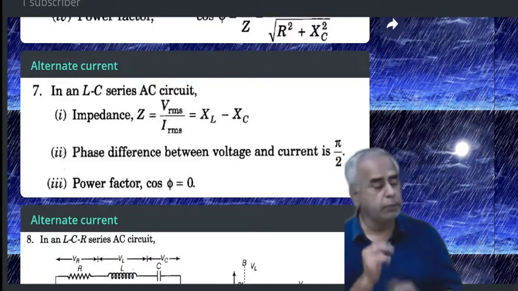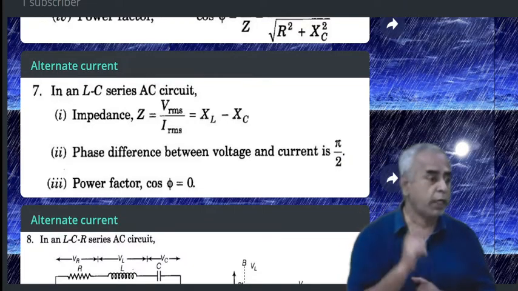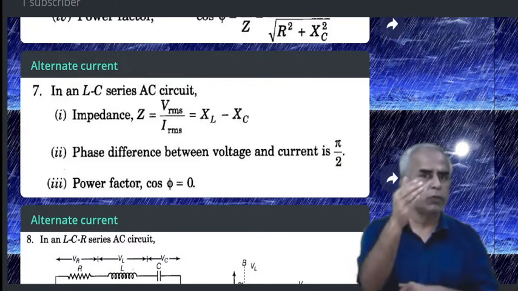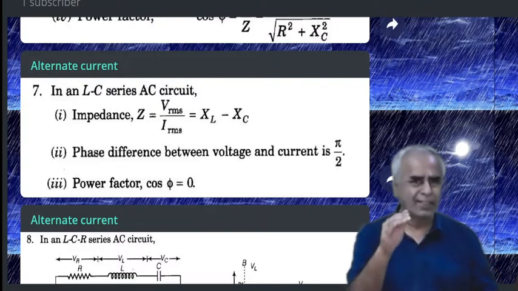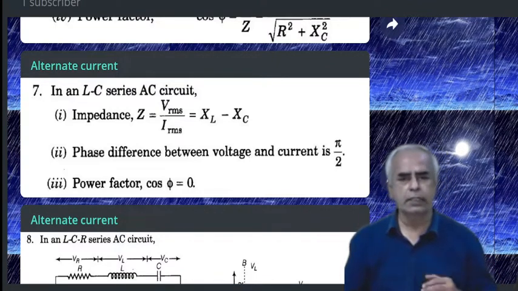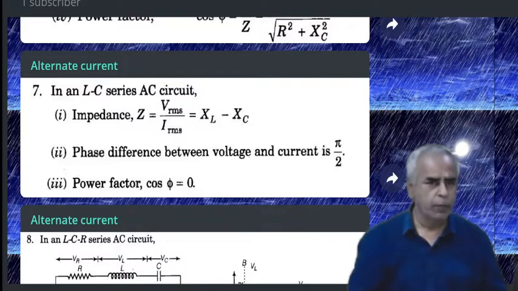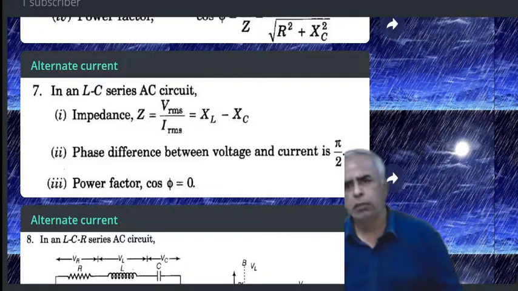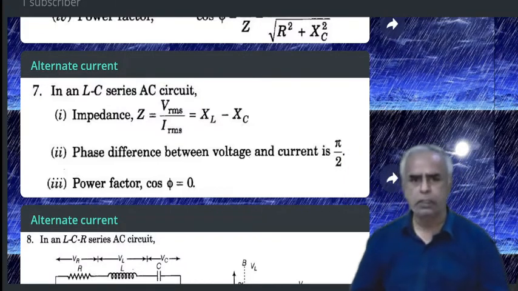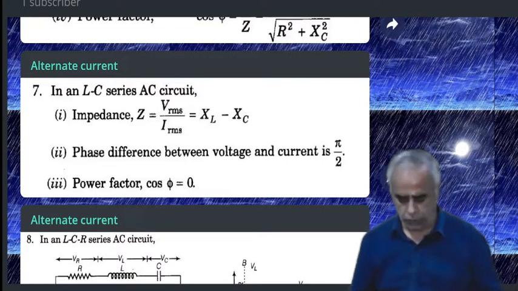But the angle between XL and XC is 180 degree, they are just opposite, and that is why you are able to get the resultant reactance, which is nothing but XL minus XC. You got this point? Right. So here we have discussed cos phi is equal to 0.